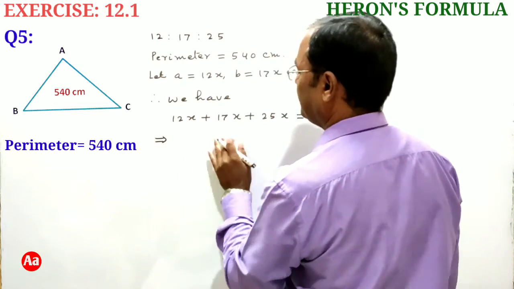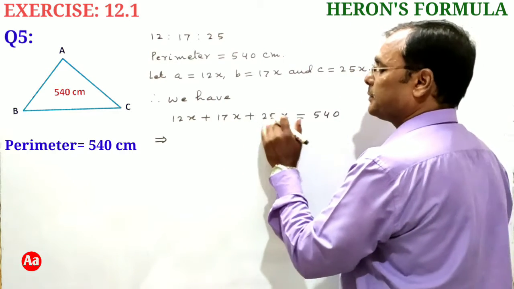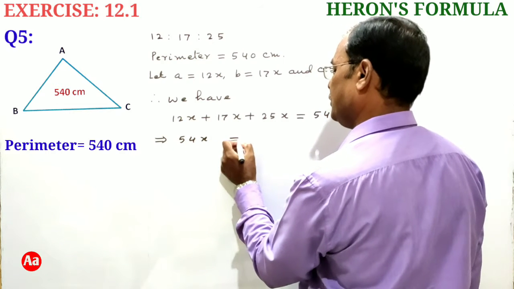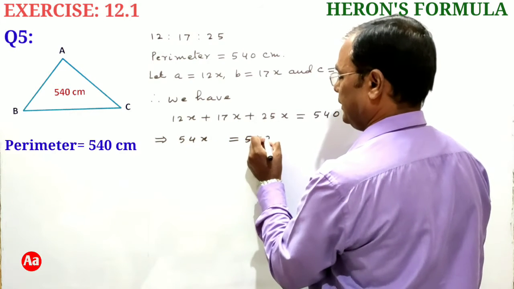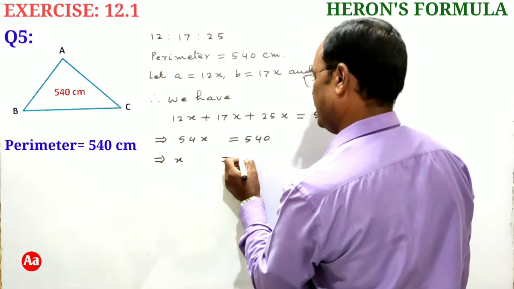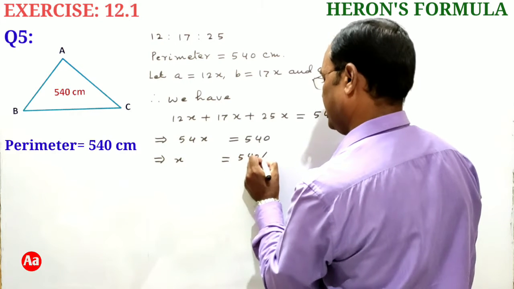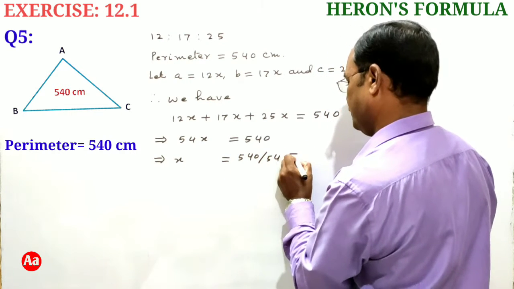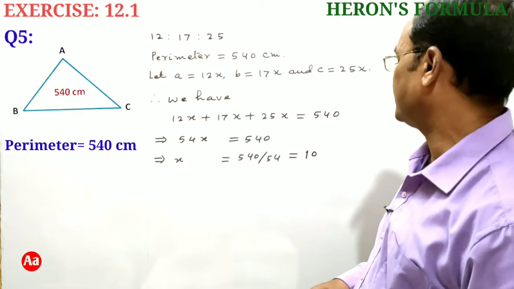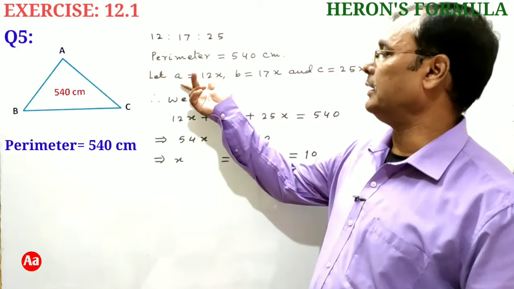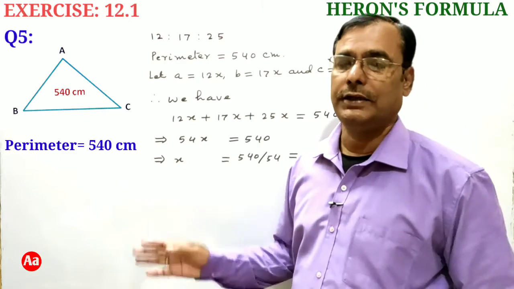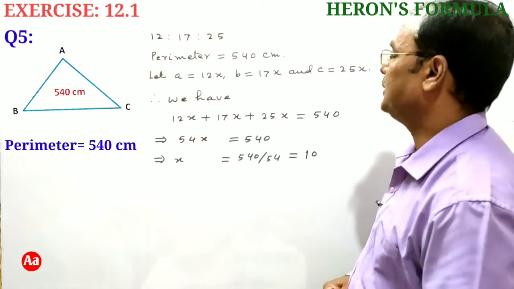This implies 12x plus 17x plus 25x, 54x, which is equal to 540, and x is equal to 540 divided by 54 equal to 10. So the value of x we have got is 10, and therefore we can now find the three sides a, b, c of the triangle whose perimeter is 540 centimeter.